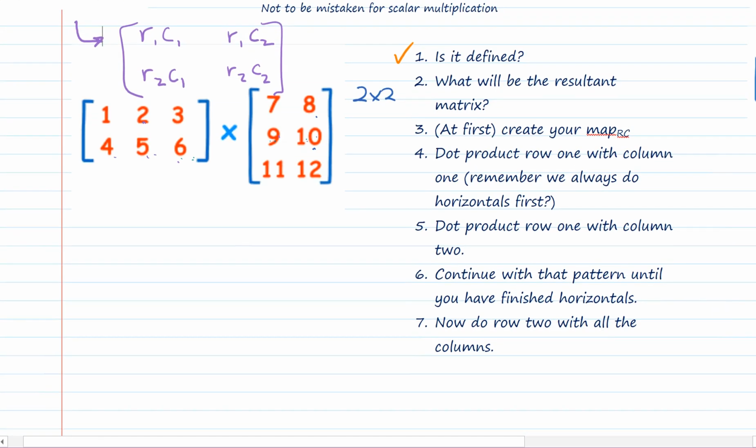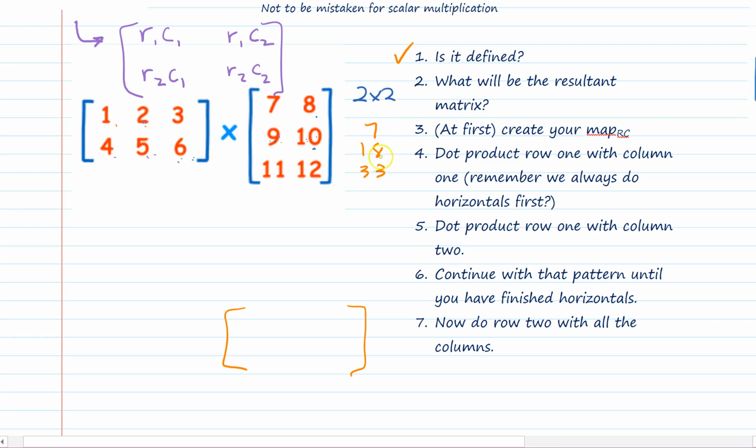So now I'm going to do this problem for you. I'm doing number 4. I'm going to dot product row 1 with column 1 and put it in the driver's seat, if you know what I mean. So here we go. Dot product: 1 times 7, 2 times 9, 3 times 11.